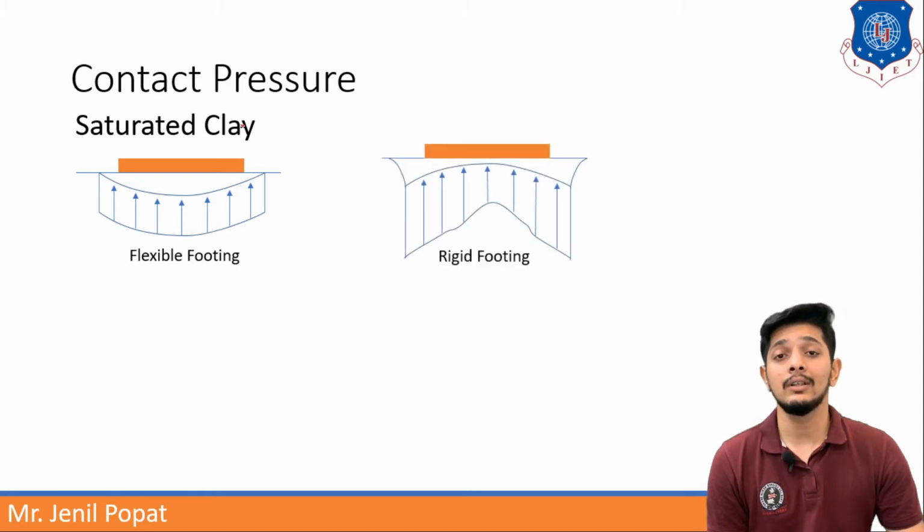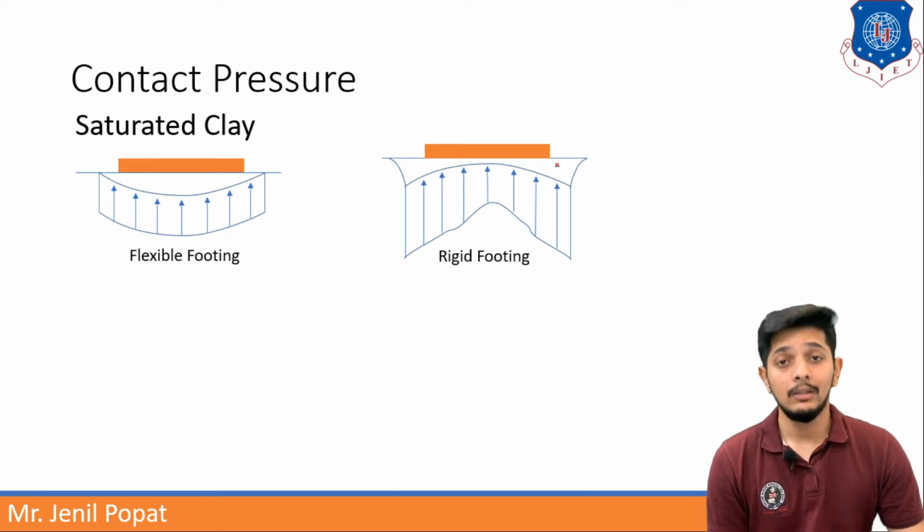If the saturated clay and a rigid footing are connected and uniform loading is given, then as it is a rigid footing, the settlement will be uniform, and the contact pressure will be minimum in the center and maximum at the periphery.